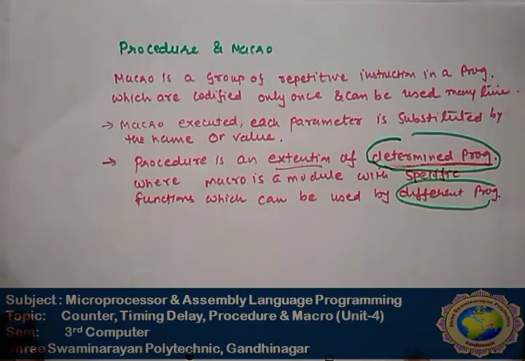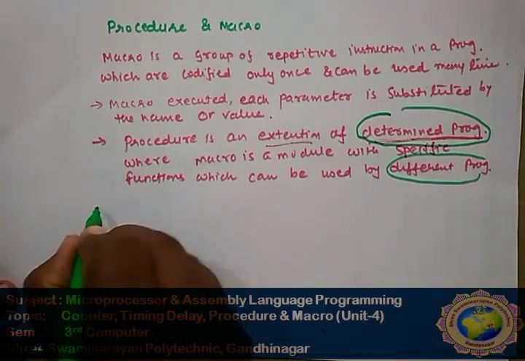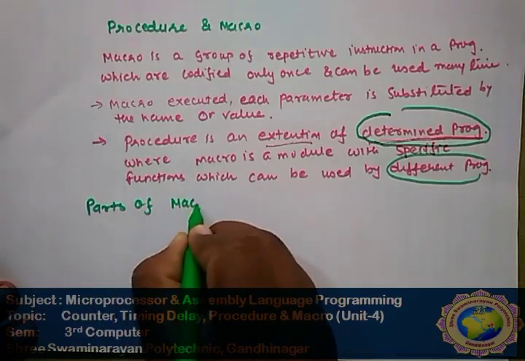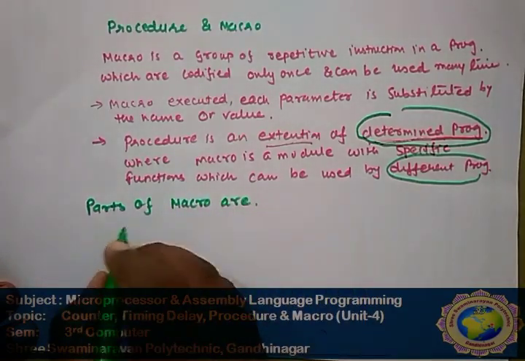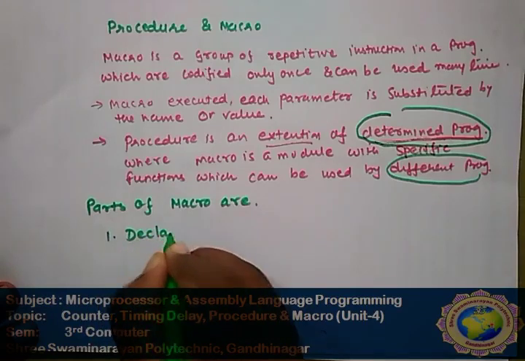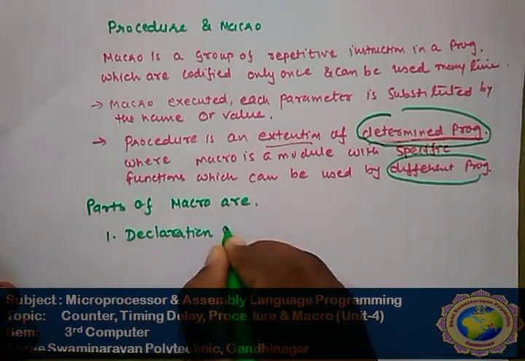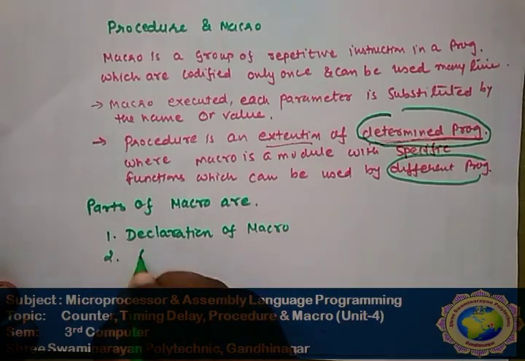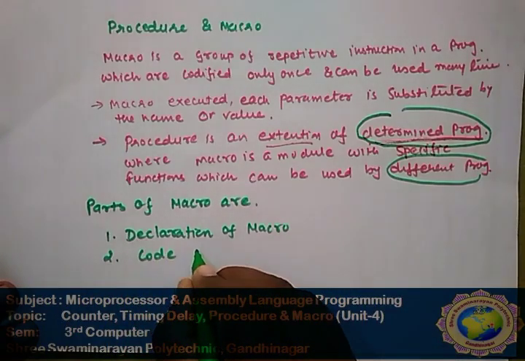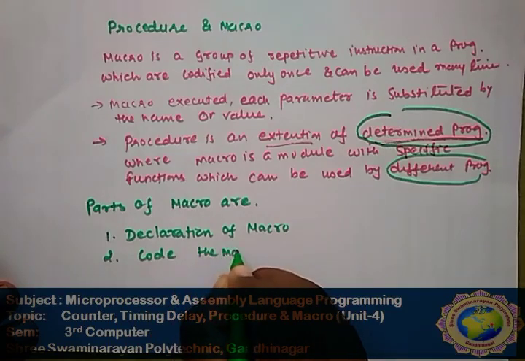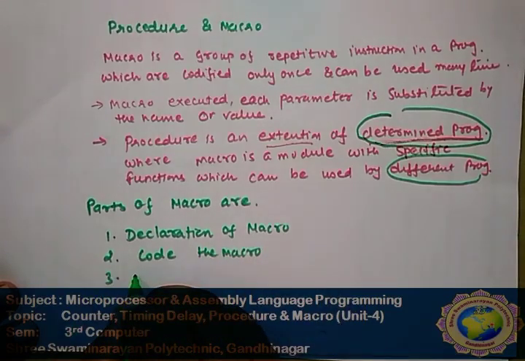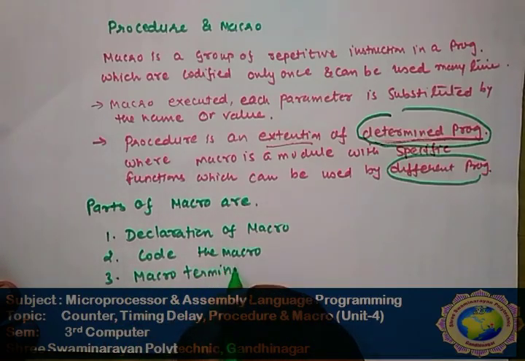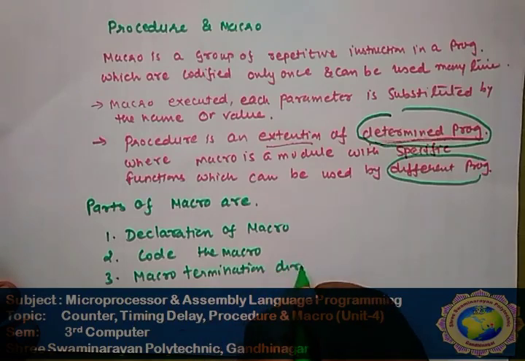The parts of the macro are: one, declaration of macro; second, first we have to declare, then we have to code the macro; and third, macro termination directive.